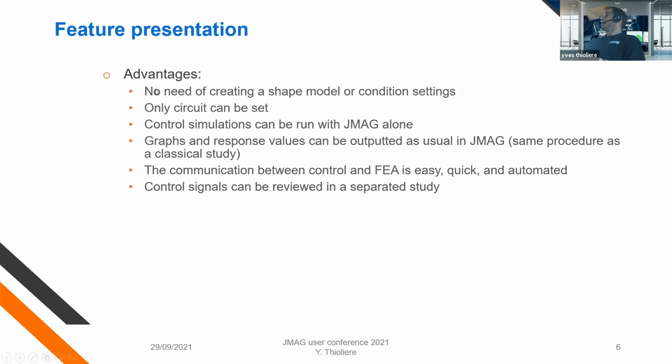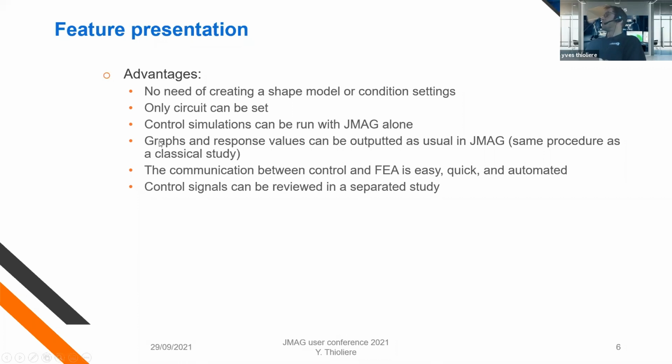The advantage of this feature is that if you have just a single circuit, you have no need to create some dummy shape, for example just one element or something like that. There is no need of a shape model, condition setting, or applying dummy material. It's only a circuit, and you can run only a circuit calculation. Here you see only the circuit can be set. It means that you also don't need an external circuit simulator anymore. This control simulation can be run in JMAG alone.